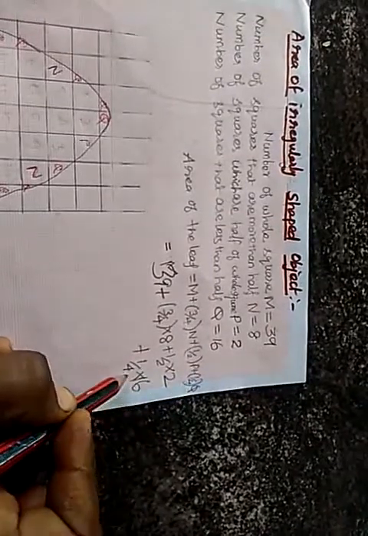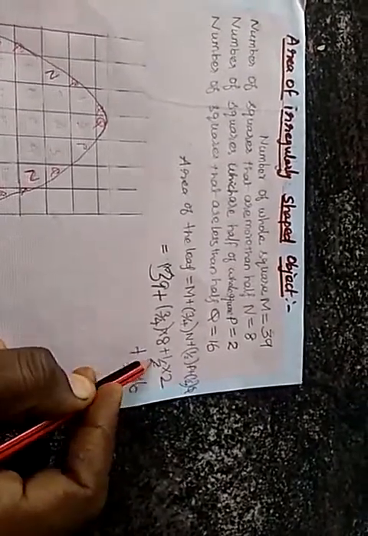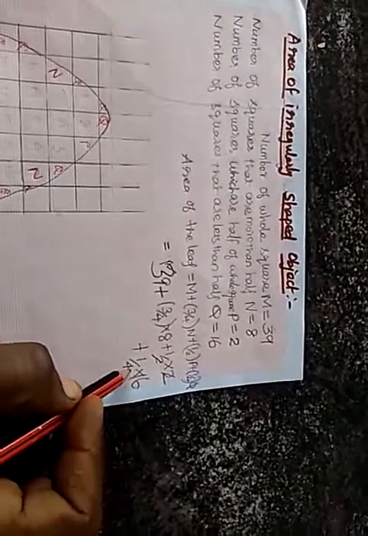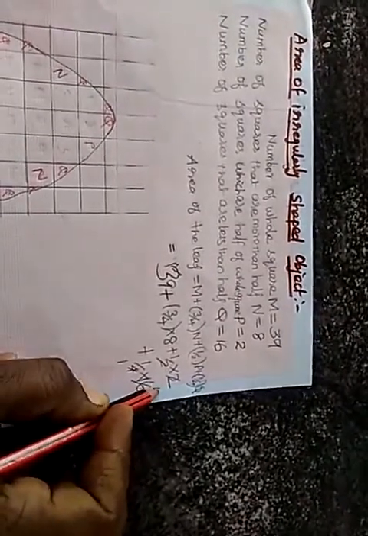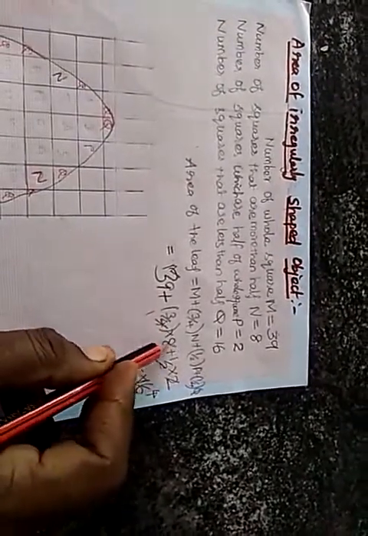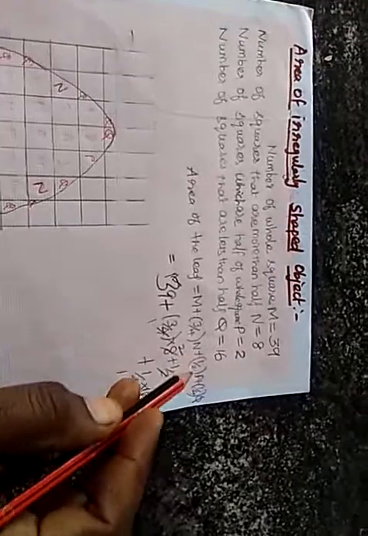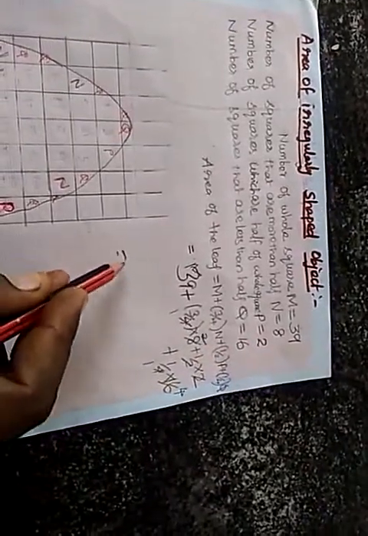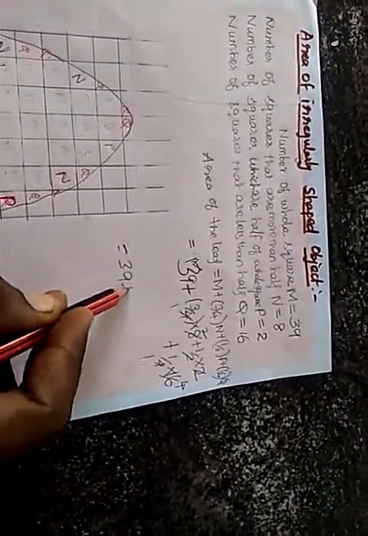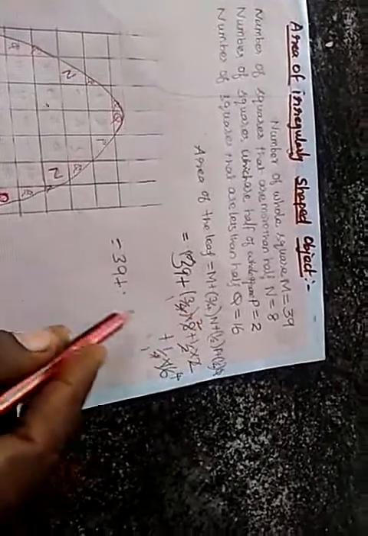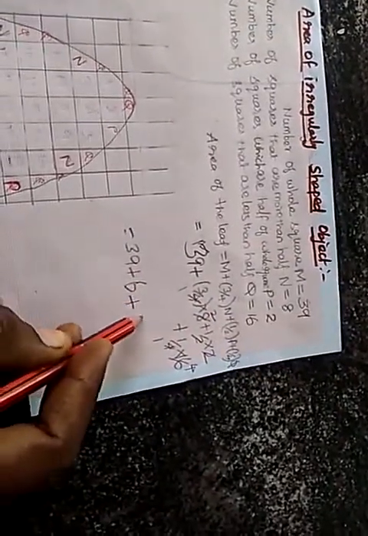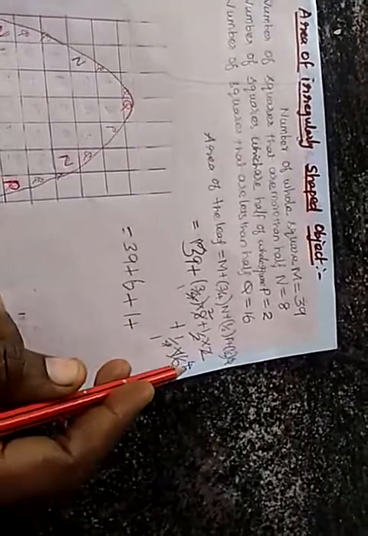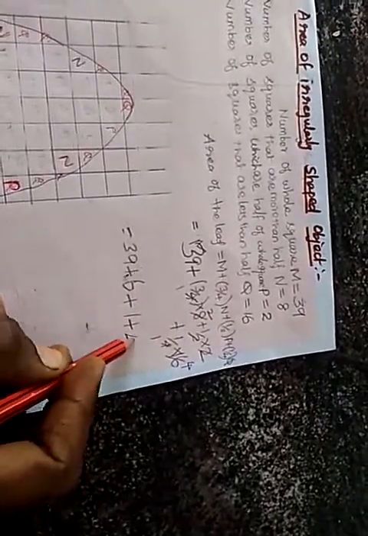Q value 16. Here 1 by 4, 4 fours are 16. Then here 1 by 2, 2 fours are 8. Students, finally we calculate 39 plus 3 into 2, 6, plus 1 into 4, 4.